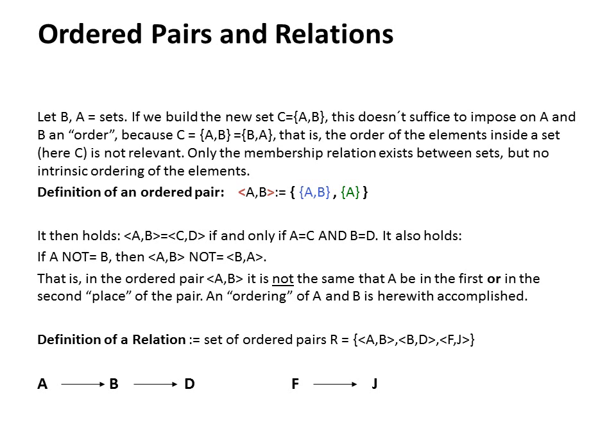Let A and B be sets. If we build the set C equal to {A, B}, this doesn't suffice to give A and B an order, because C equal to {A, B} is equal to {B, A}. That is, the order of the elements inside a set, here C, is not relevant. We have to figure out another set construction with A and B to impose on them the notion of order.